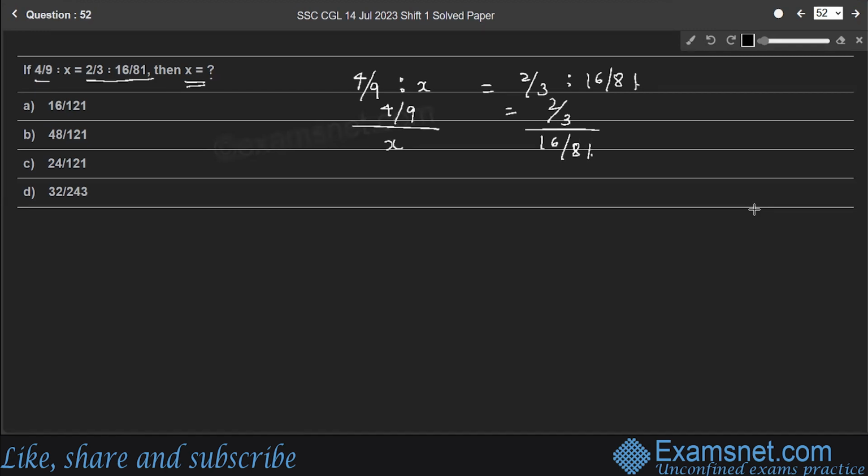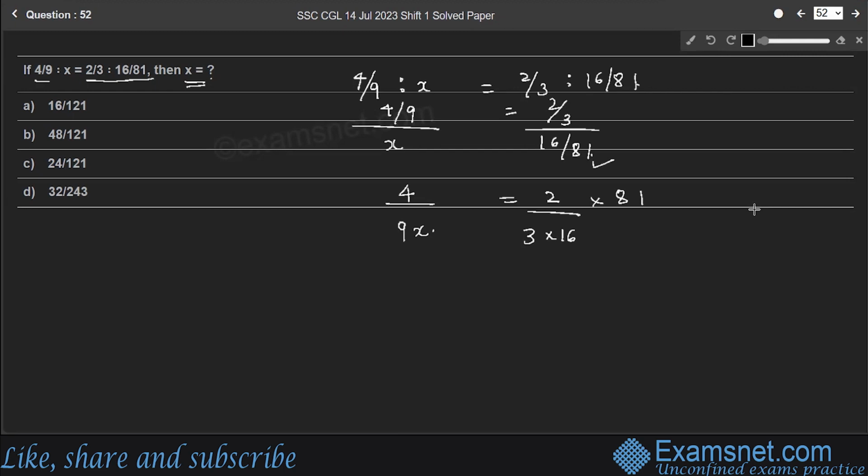Right? So we can write LHS as 4 by 9x is equal to 2 by 3 into 16, so the denominator of the denominator will go to the numerator part, right? So into 81.